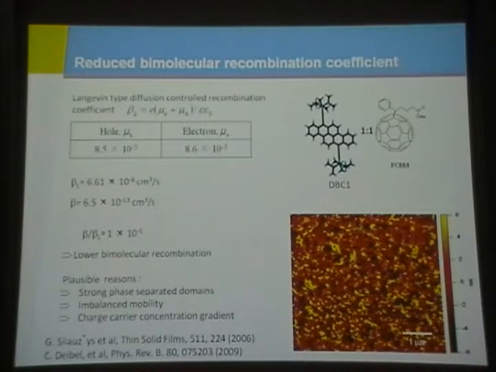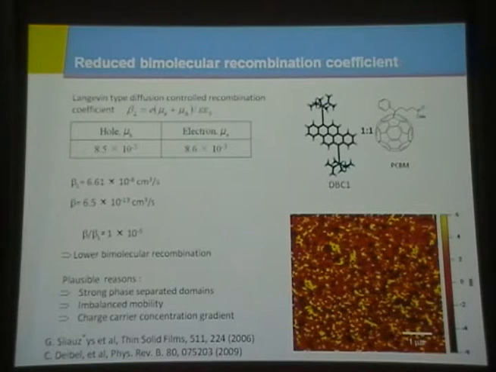as Amantis has given a very nice introduction to Langevin-driven recombination. In the case of solar cells with Langevin-driven recombination, it is supposed to be a diffusion process, not electric field driven. So this Langevin recombination is just the sum of the two mobilities times the electric charge divided by the dielectric constant.